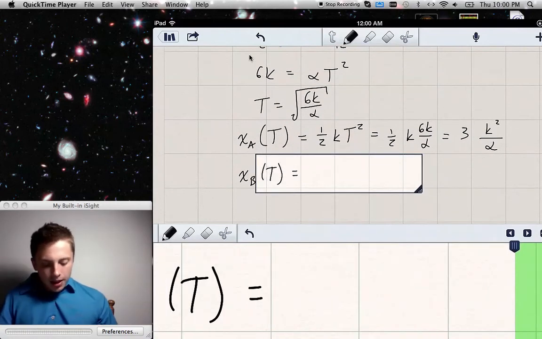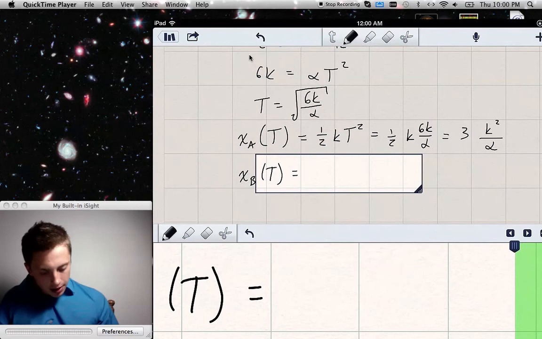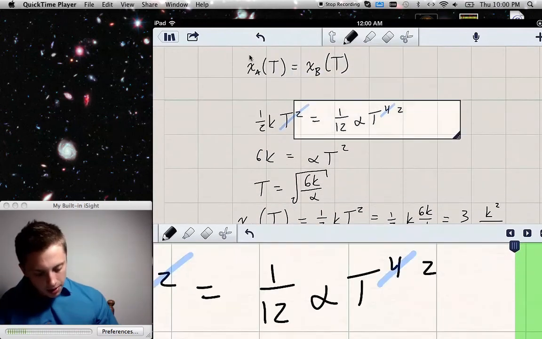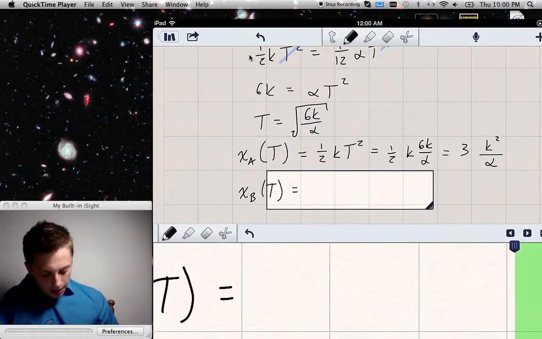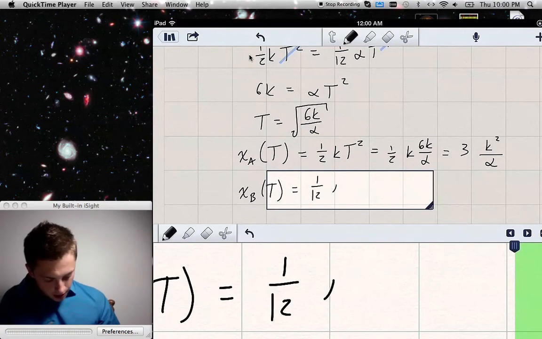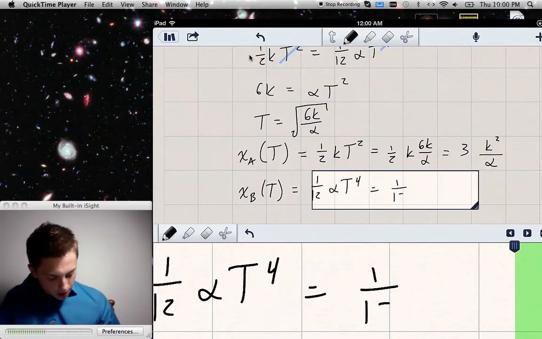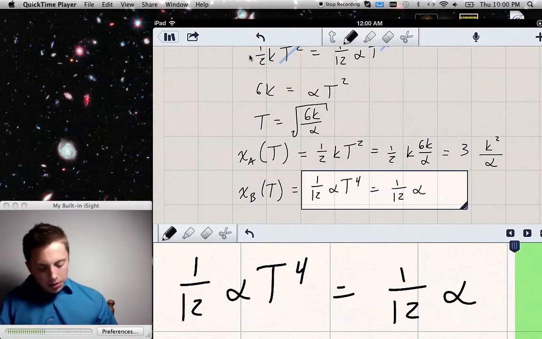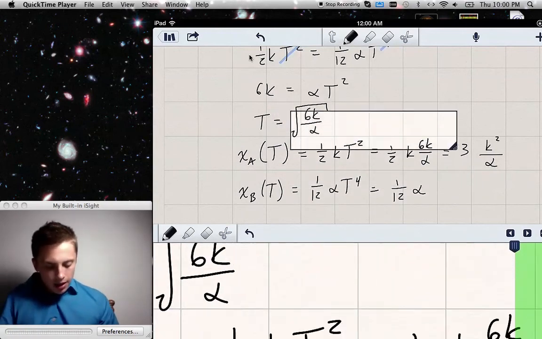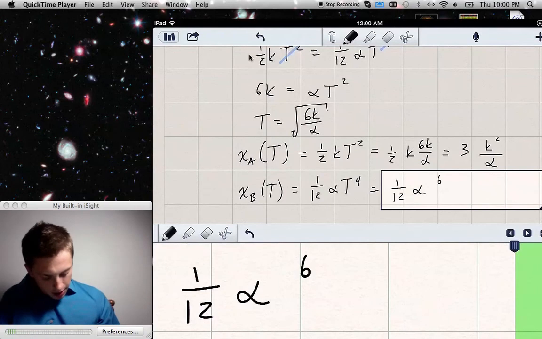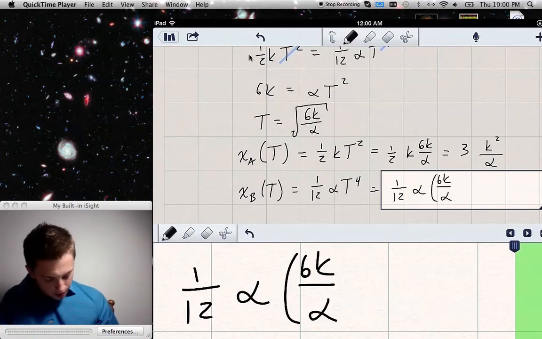So, xB at any time t. Let's double check this so I don't screw it up. It's 1/12 alpha t to the fourth. So this is 1/12 alpha. Capital T to the fourth is going to be (6k over alpha) squared.